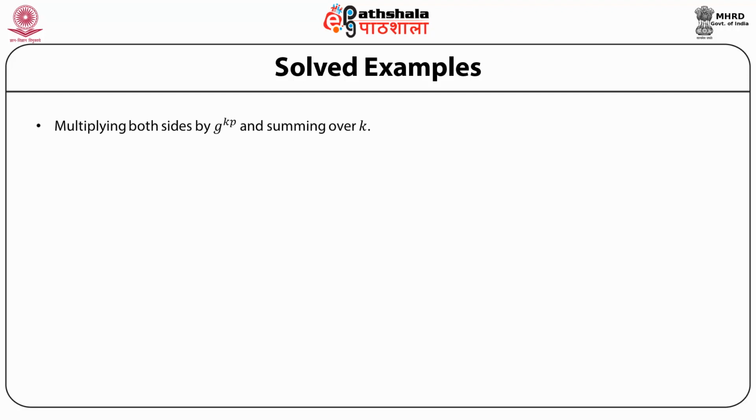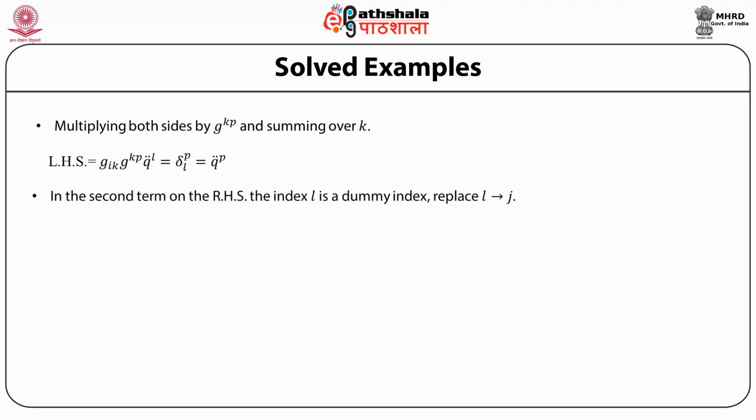Multiplying both sides by the tensor g with indices k and p and summing over k, the left hand side is simply g_ik g_kp q_l double dot, which is equal to delta_lp q_p double dot. In the second term on the right hand side, the index l is dummy and we can replace l by j. We thus get q_p double dot is equal to half times g_kp (partial g_ij by partial q_k minus partial g_kj by partial q_i minus partial g_ik by partial q_j), and the whole thing multiplied by q_i dot q_j dot.